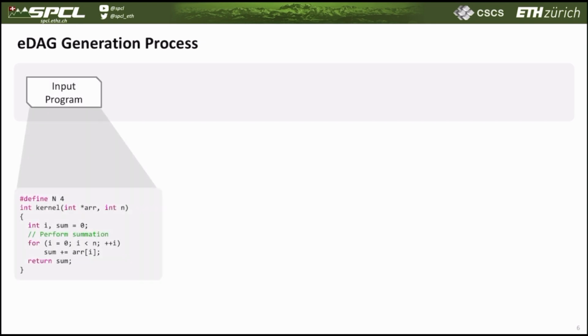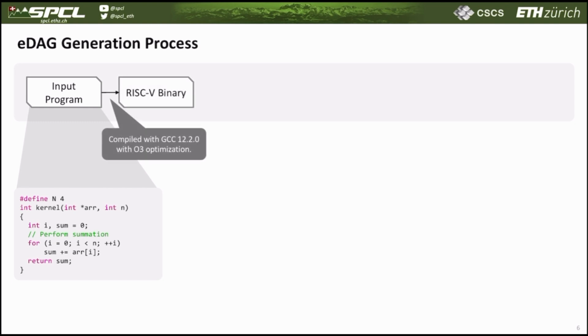So let's look at this pipeline in a bit more detail. We take the input program that can be C code, C++ code. It is really agnostic. The only thing that we need is some compiler. In this work, we use GCC 12.2, and we optimized with O3 to get a RISC-V binary out of it. Again, RISC-V here is not important.